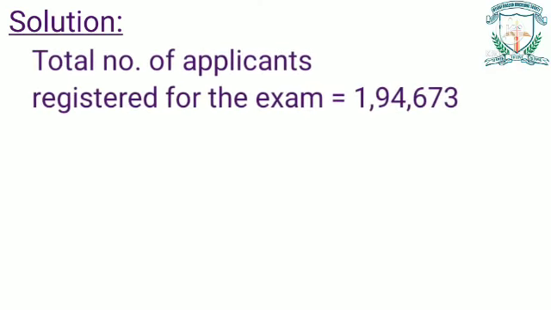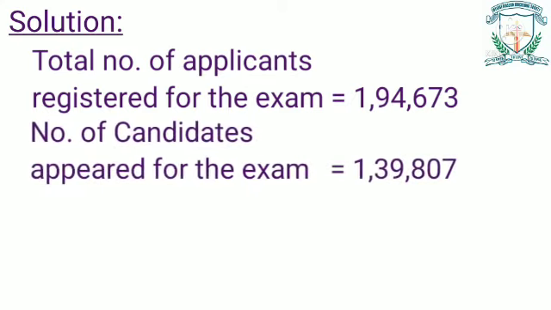Let us write the statements. The first statement would be total number of applicants registered for the exam, that is equal to 1,94,673. The second statement would be number of candidates appeared for the exam, that is equal to 1,39,807.